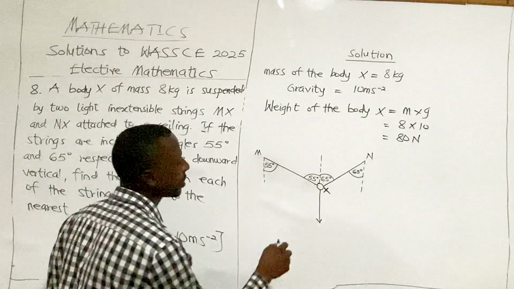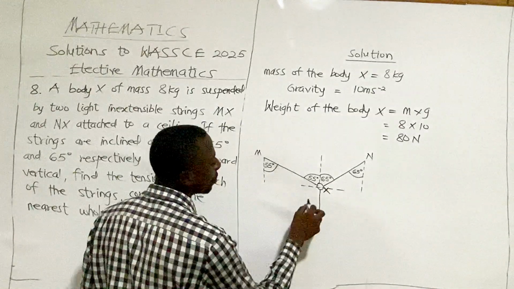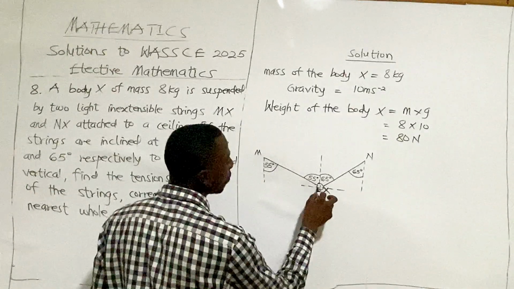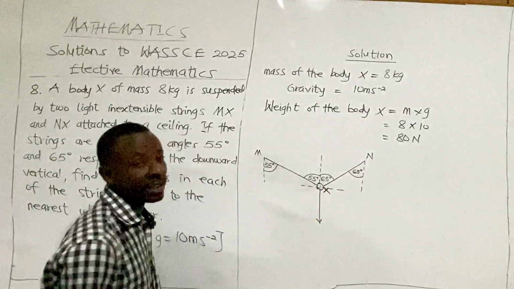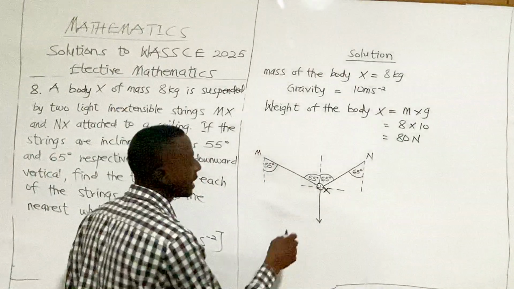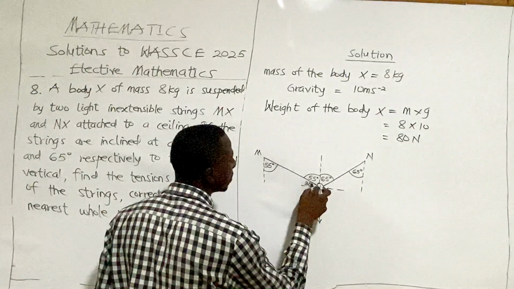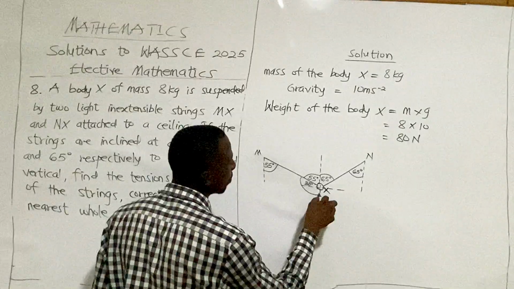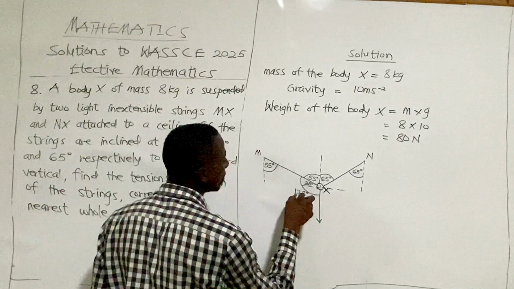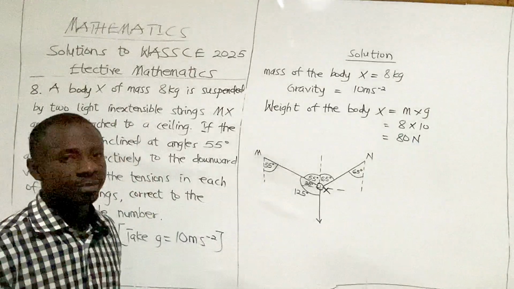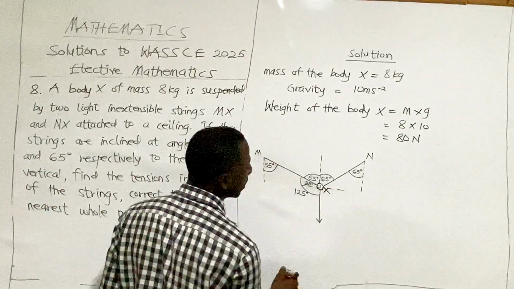Now we are moving on. This whole angle is 90 degrees. If here is 55, then it will leave 35 degrees here. So 35 plus 90, we have 125 degrees to be the angle here. Again, this side is also 90.